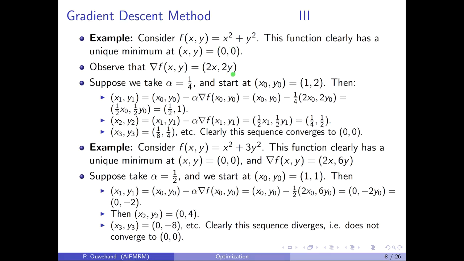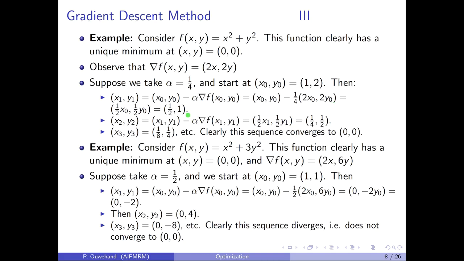Suppose we take the parameter alpha to be a quarter and we start at the point x0, y0 equal to 1, 2. Then x1, y1, the new point, is x0, y0 minus alpha times the gradient at the point x0, y0. And the gradient at the point x0, y0 is just 2x0, 2y0. And so the new point x1, y1 is given by the point a half, 1.